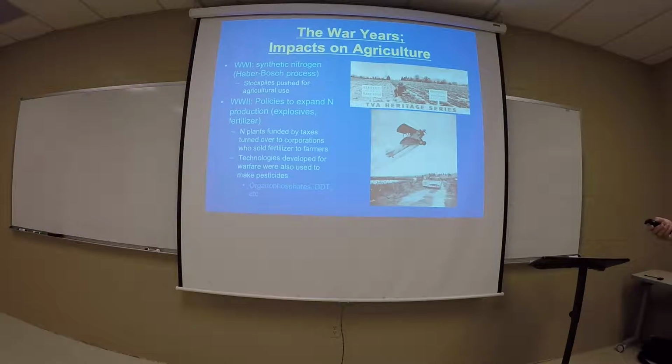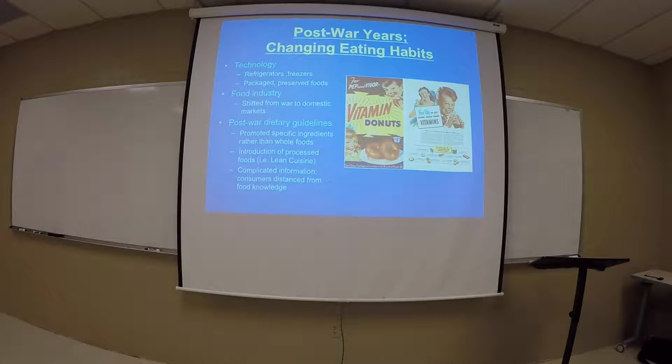So a lot of things changed with the war, and we saw the availability of pesticides and fertilizers, and that's really when farmers started to use synthetic pesticides and fertilizers to a great degree.